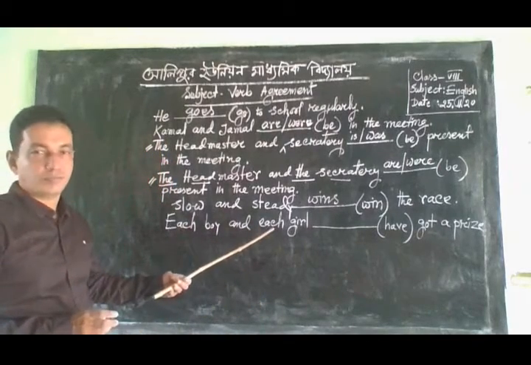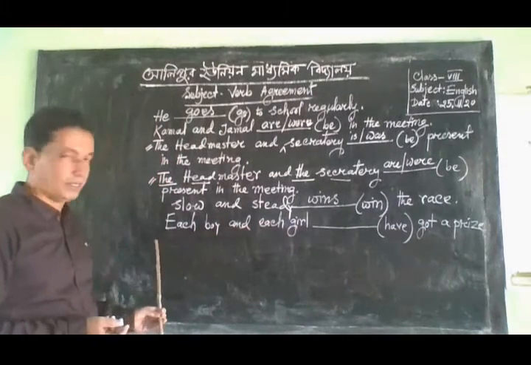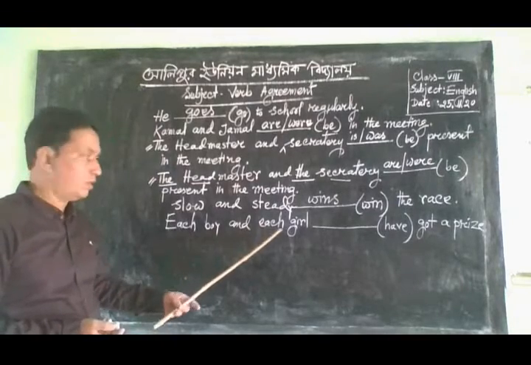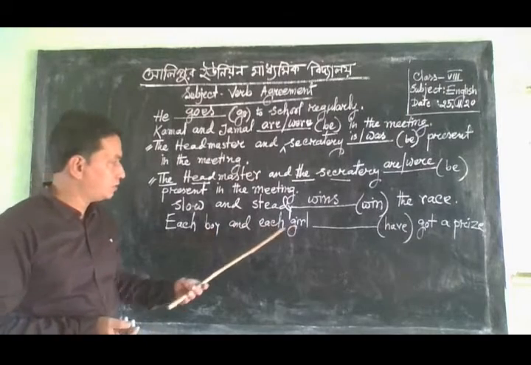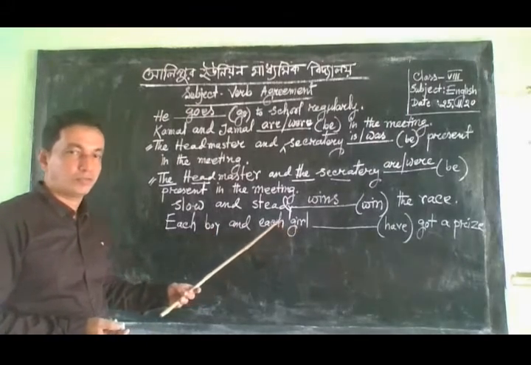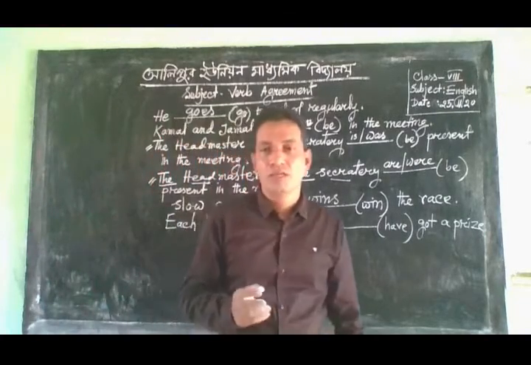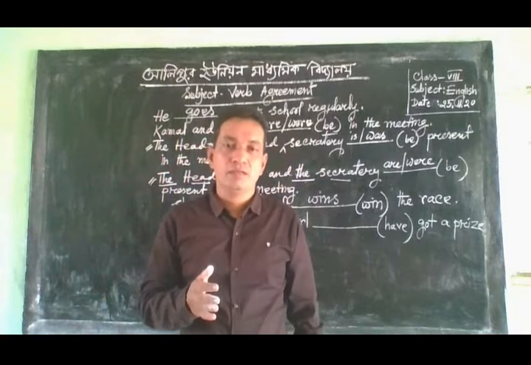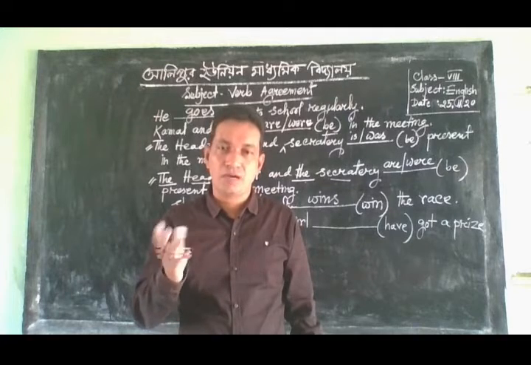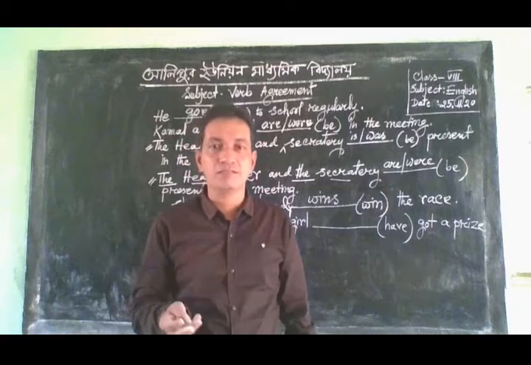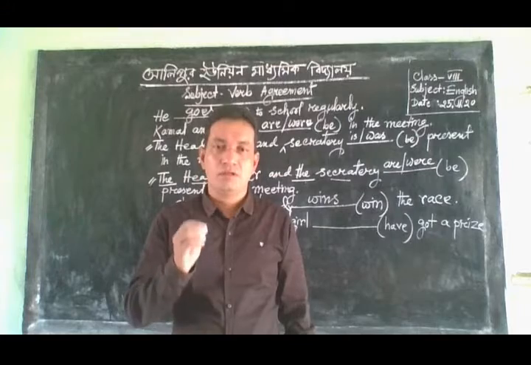His boy and his girl. Though boy and girl are different subjects, they are connected with his before them. His is added before boy, and his is added before girl. So when two common nouns or two nouns are added with his, and if there are some words such as his, every, no, then the verb should be singular.